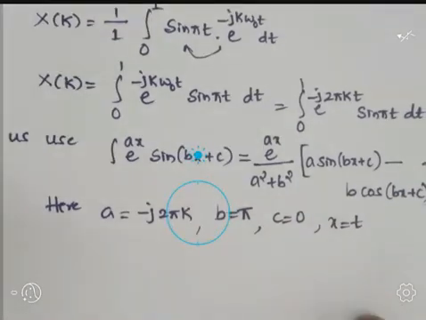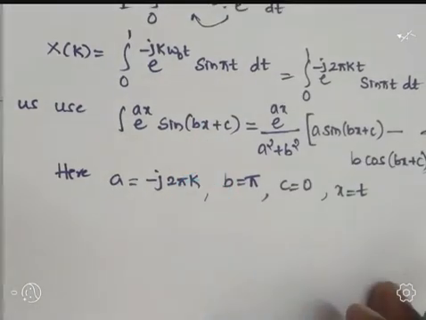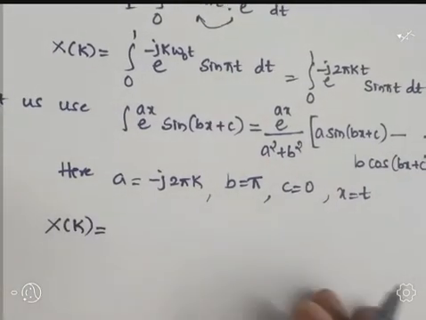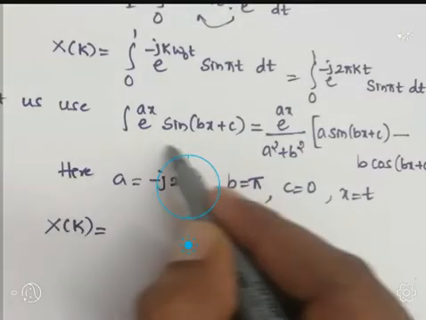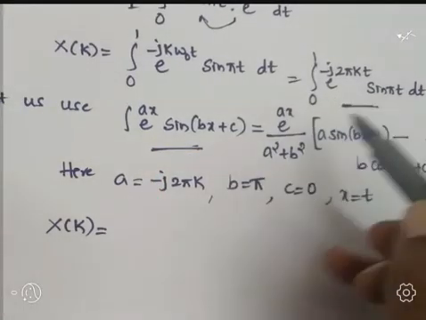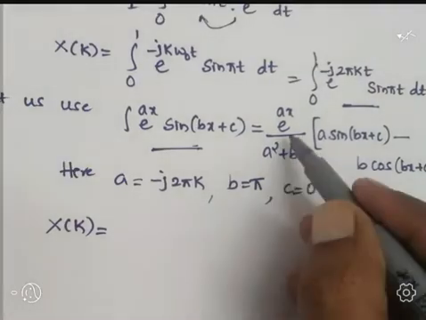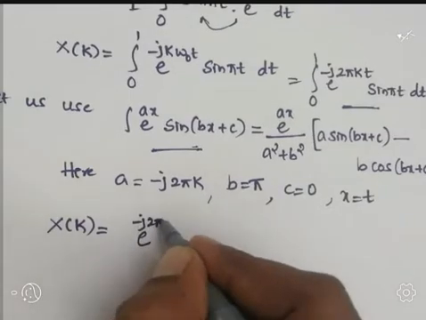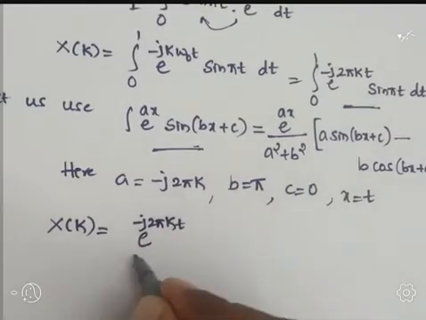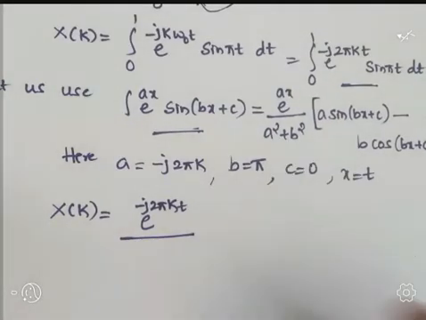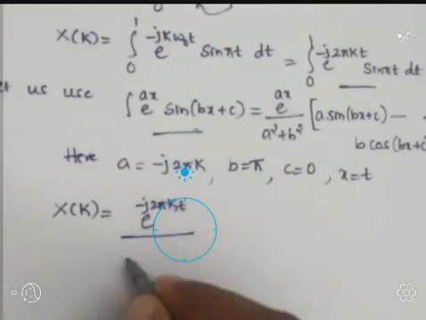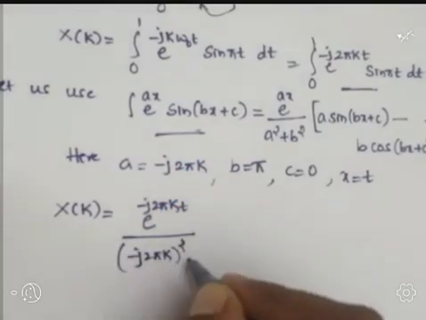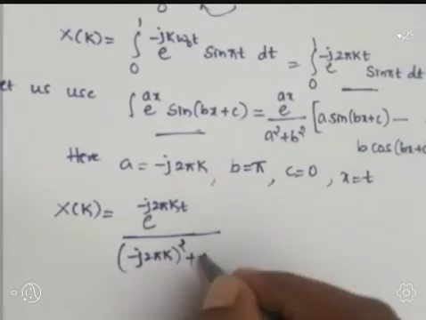Let us make use of this formula and simplify this equation. I am going to simplify as X of k is equal to e to the power ax, that means a is minus j 2 pi k and x is t, divided by a square plus b square. A square is minus j 2 pi k whole square plus b square, which is pi square.